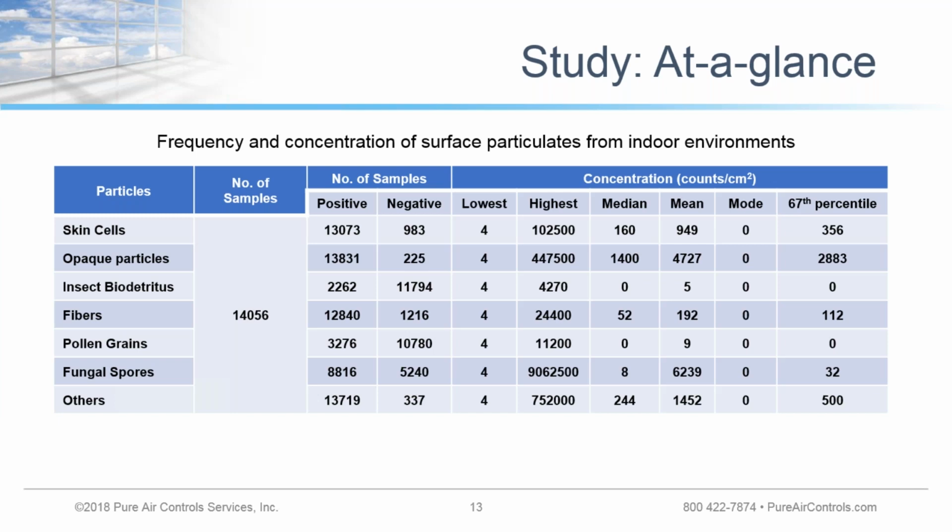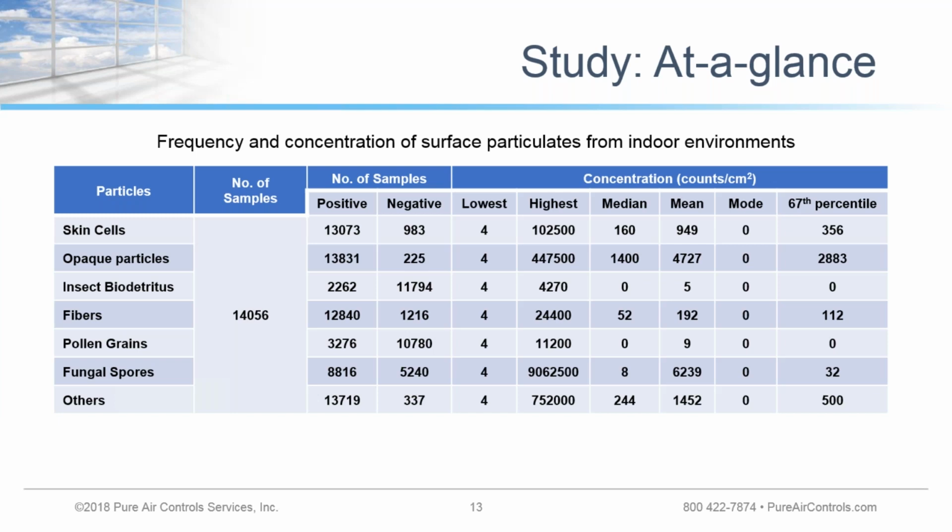On the fungal spores, about 8,816 samples are recorded positive, and 5,240 samples are recorded negative. The mean value of this is 6,239. So the fungal spores are one of the very predominant biota in the indoor environment.